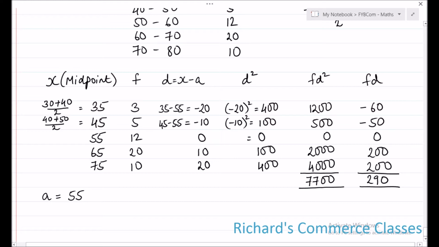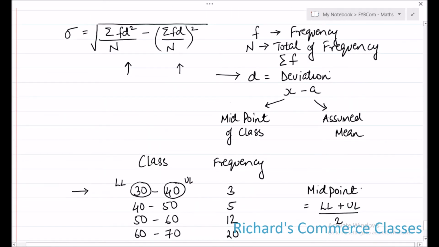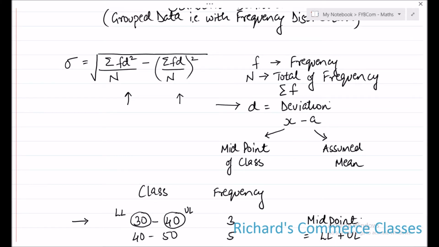Now if we look at our formula going back, we have all elements except one, and that is n. We need to calculate n, but n here stated is the total of frequency.